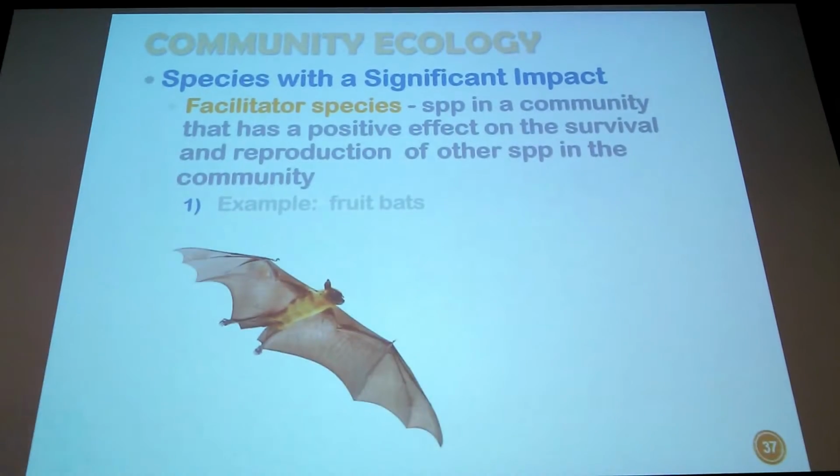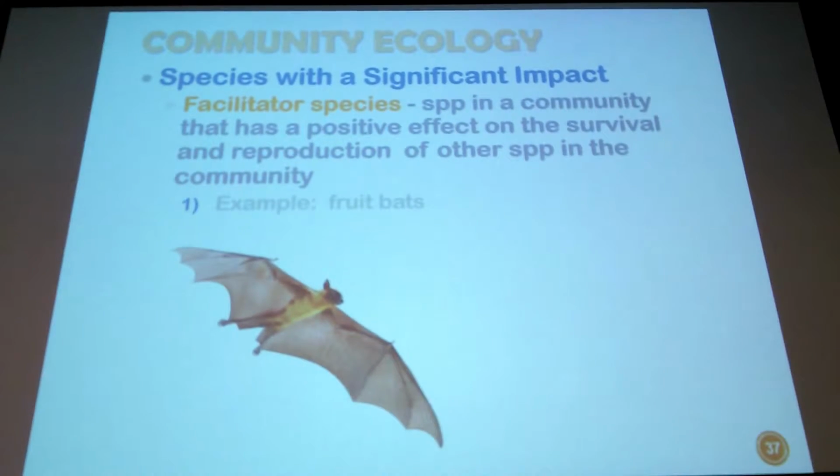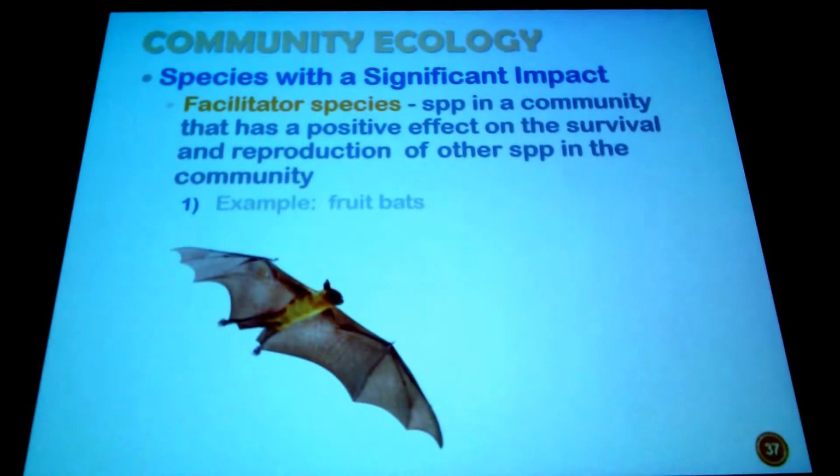A facilitator species, snakes and bats. Man, we're getting all the creepy crawly stuff today. A facilitator species is a species in a community that has a positive effect on the survival and reproduction of other species in the community. Fruit bats eat fruit. Fruit passes through the bats in the form of seeds, and the seeds are deposited. There are some jungles on islands in Asia and in the South Pacific that are totally populated because of fruit bats.